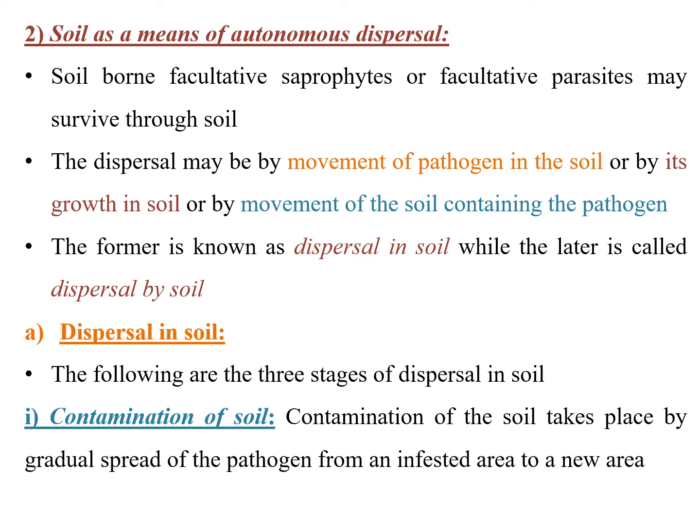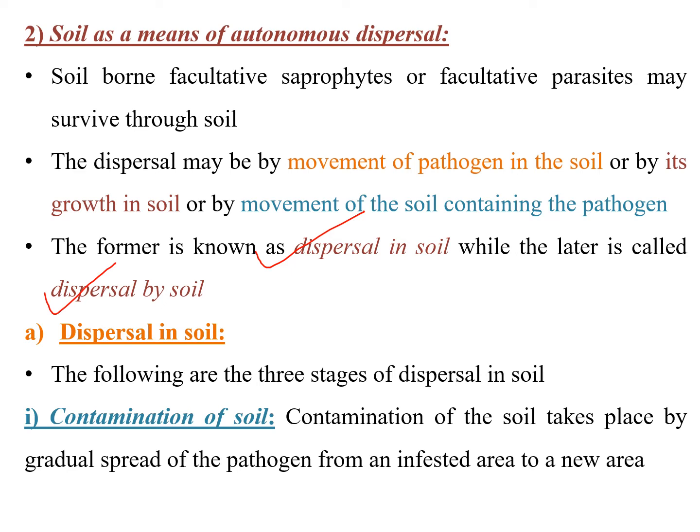And this dispersal through the soil may be either movement of the pathogen in the soil from one place to another place, that is, the pathogen used to grow in the soil, or movement of the soil containing the pathogen from one place to another place. So here autonomous dispersal by the soil can be classified into two different categories: dispersal in the soil and dispersal by the soil.